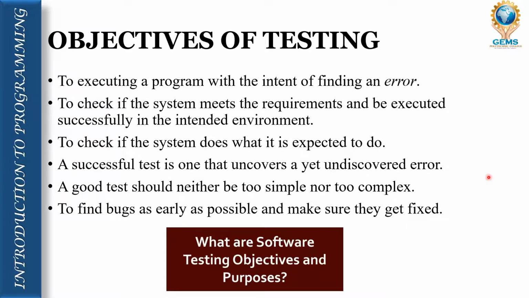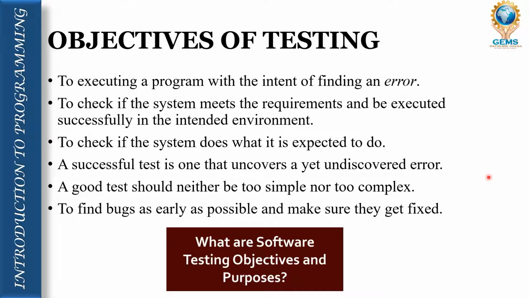The first point says that we go for testing only to find errors in the software or program. The second point says that through testing we are able to check whether our program or software meets our requirements and will be executed in our intended environment. The third point says that by testing we are able to check whether our software meets our expectations, for what purpose we made this software or program.